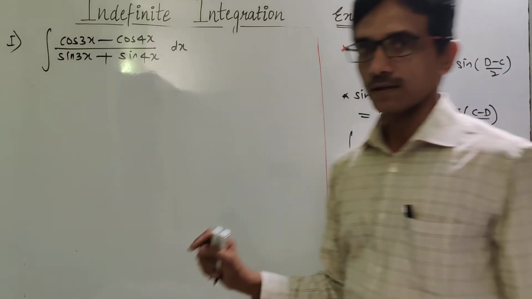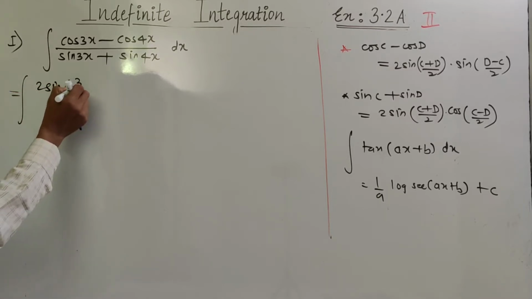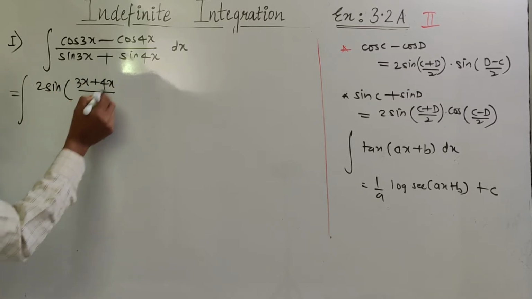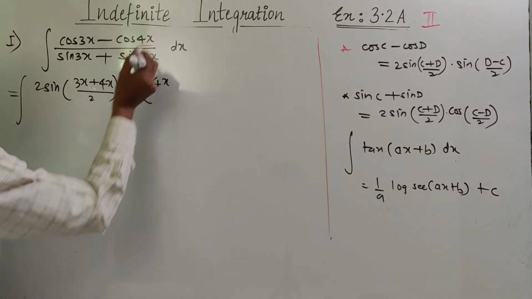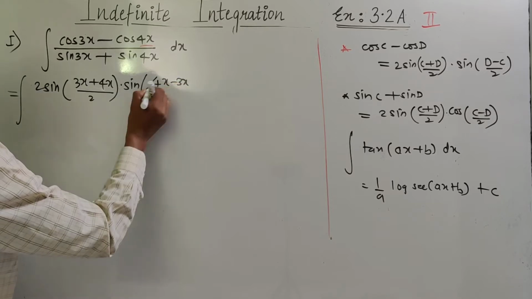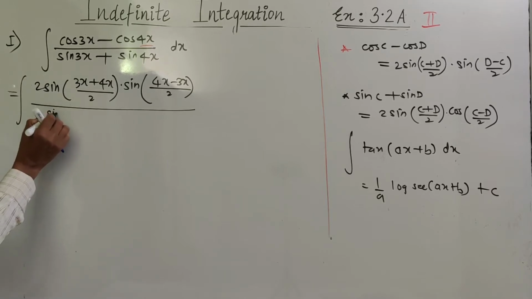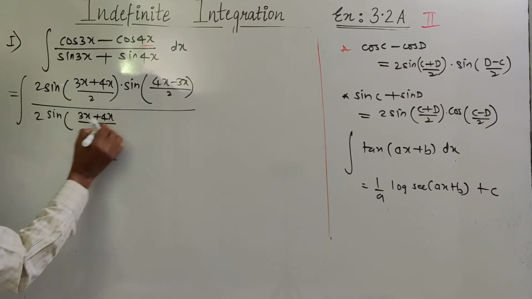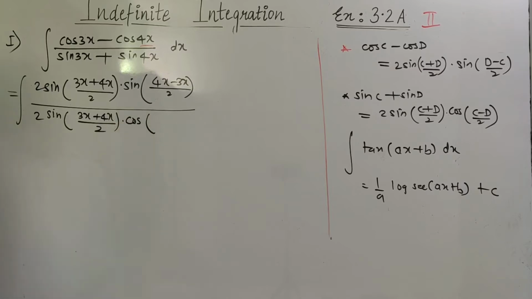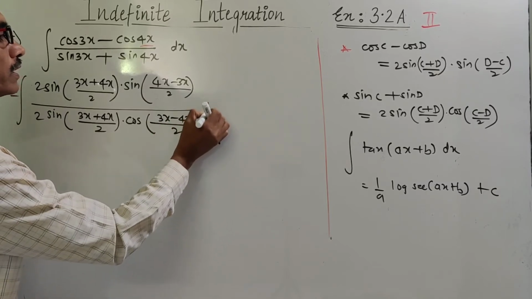So we are using these formulas here, so that the integrand can be simplified as 2 sin of (3x plus 4x) divided by 2 into sin of (d minus c), that is 4x minus 3x, upon 2, and in the denominator 2 times sin of (3x plus 4x) upon 2 into cos of (3x minus 4x) upon 2, dx.